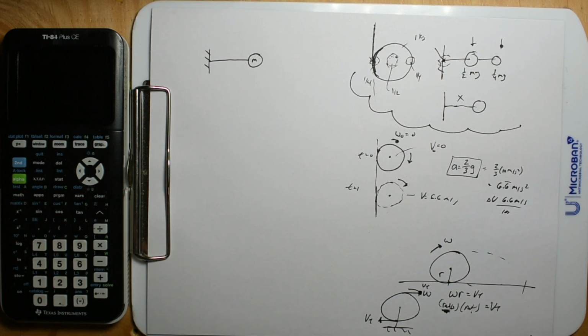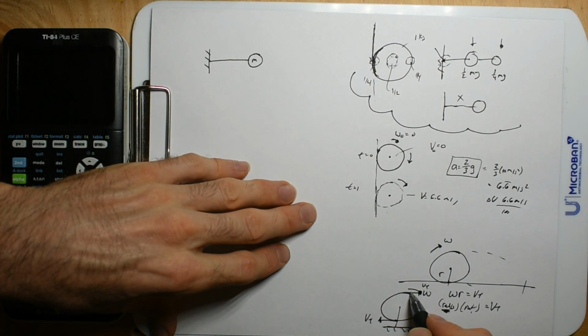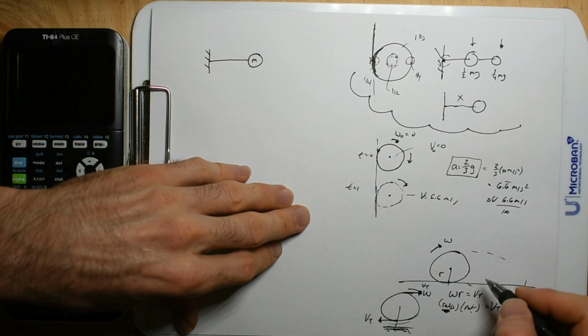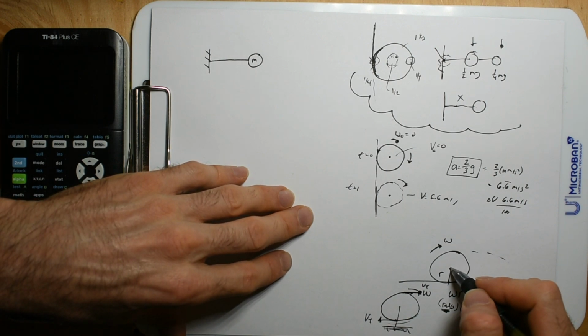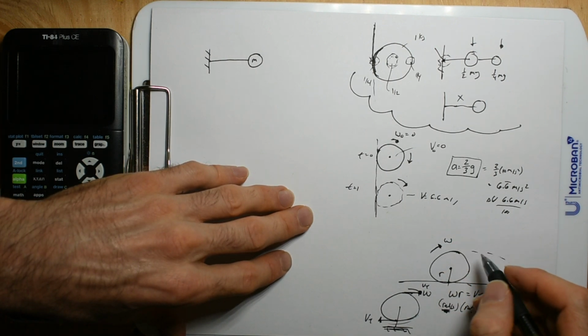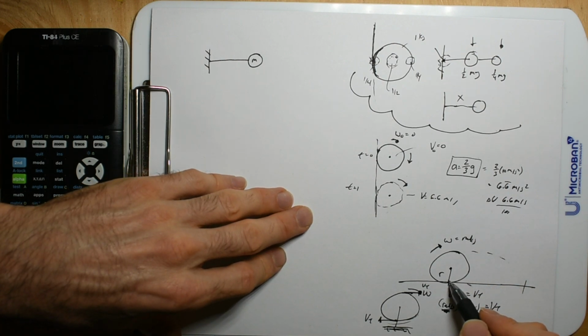That's going to be tangential velocity, and it just happens that whatever the tangential velocity is for this disc on a stand is going to be the same as the angular velocity in radians per second of the actual velocity of the center of mass.